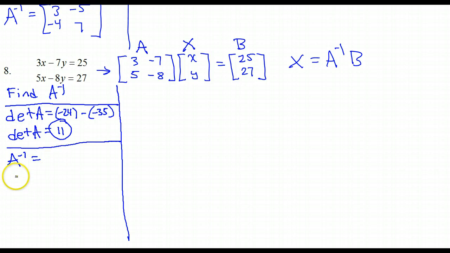Now that we have the determinant, we can go ahead and find the inverse. A inverse is going to be, to show that we're dividing by 11, we'll put the reciprocal, 1 over 11, in front of our reverse negate matrix. So reverse the down diagonal, so that's going to be negative 8, 3, and negate the up diagonal, so that's going to be negative 5, positive 7. Alright, reverse negate.